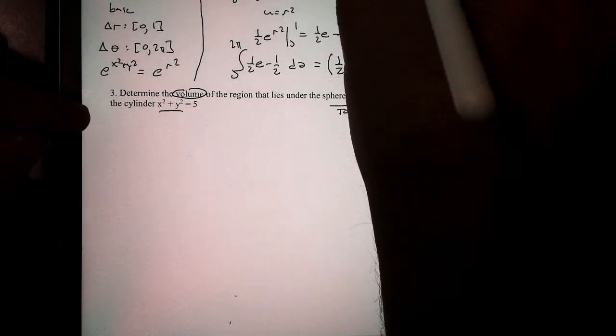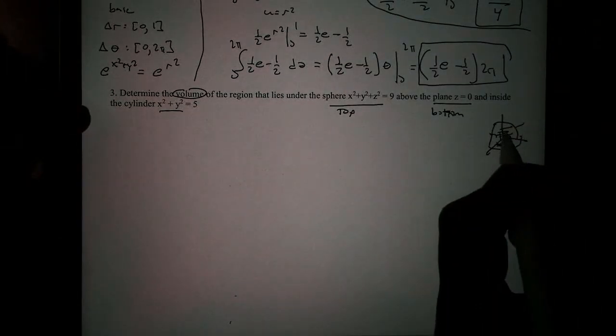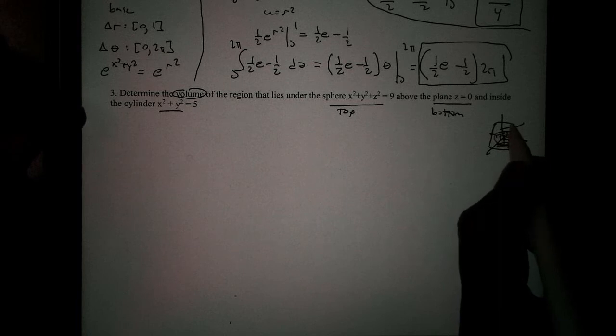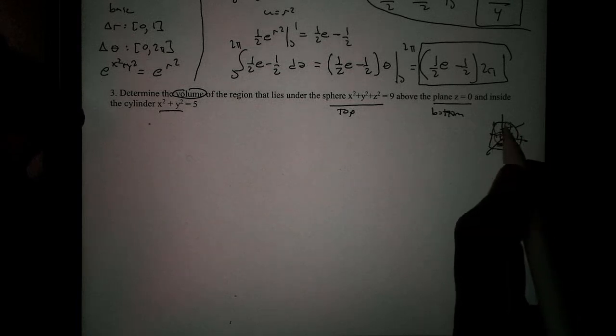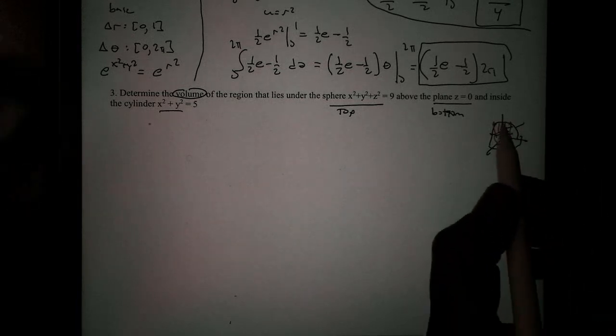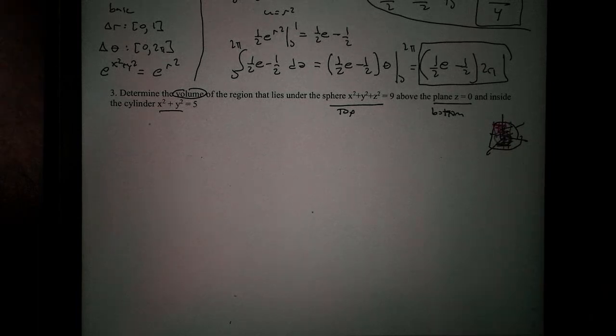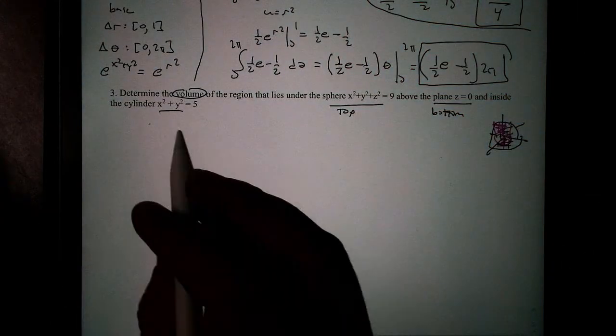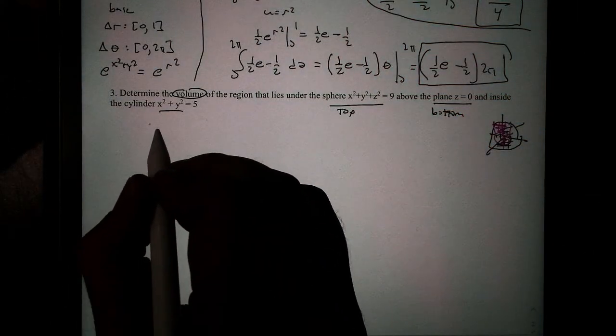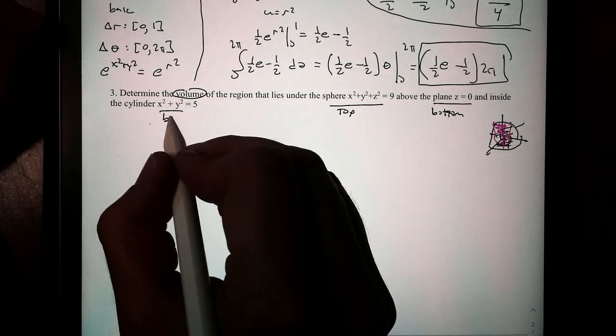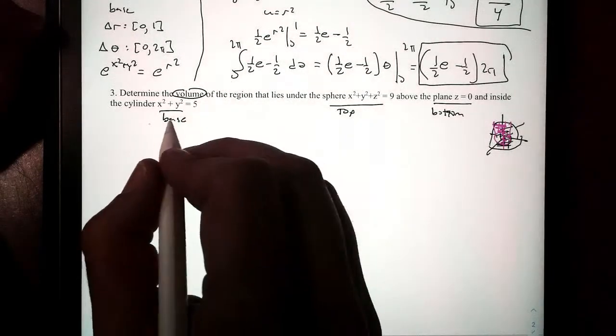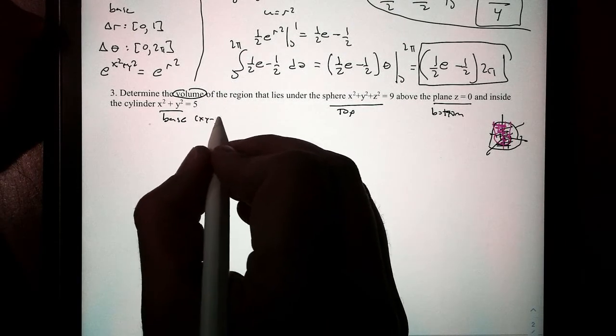Let me go and do a different color here. Now we're going to have this cylinder coming up like so. And we want to find the volume inside the cylinder. I know that's kind of messy. So that's why I hate drawing in 3D. So I'm going to go ahead and use my normal two-dimensional graphs. Let's see here. I'm going to draw my base. This is going to be my base right here, because that's on the xy plane.